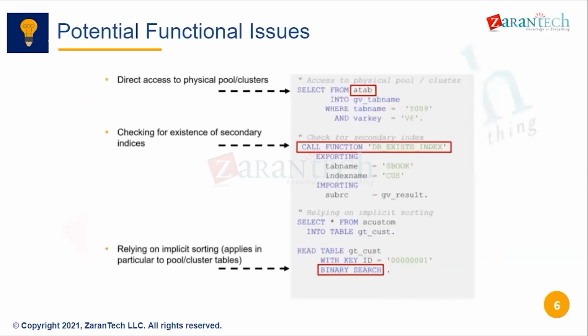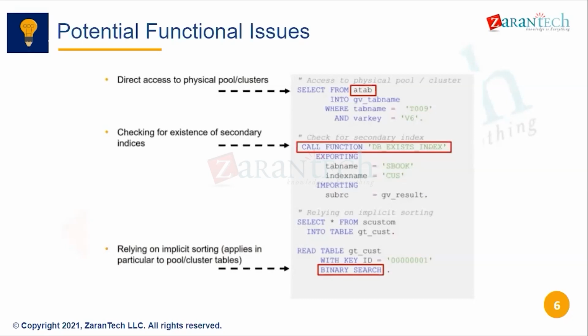If you recall yesterday's session, we also discussed that there is no concept of pool or cluster tables in SAP HANA DB, right? So we need to check if there is any direct access to physical pool or cluster tables as well.